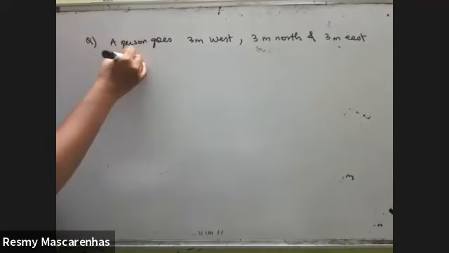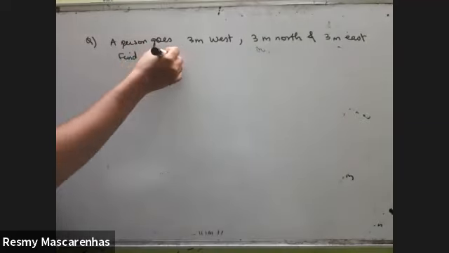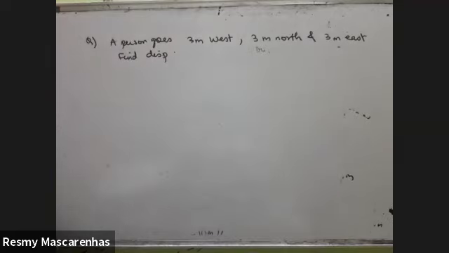We shall find the displacement, or find the resultant, whichever way you want to see. So start at one point, then go towards west, then go towards north, then go towards east.